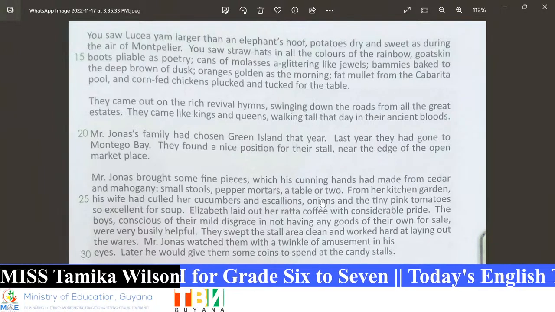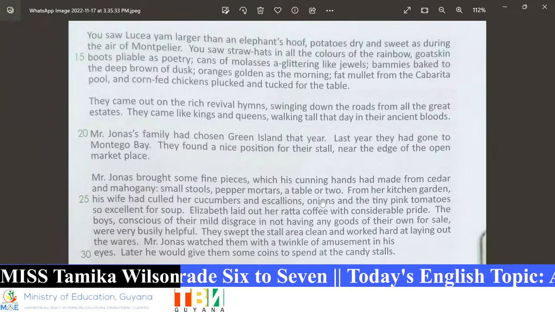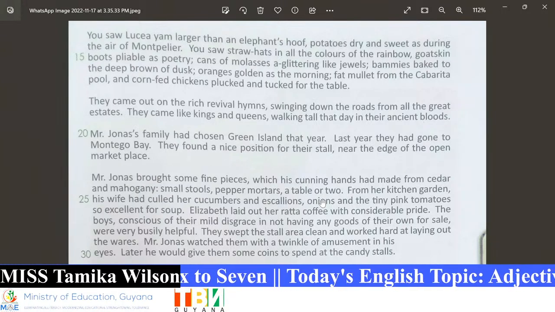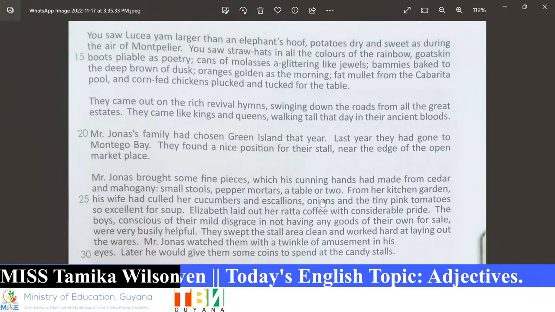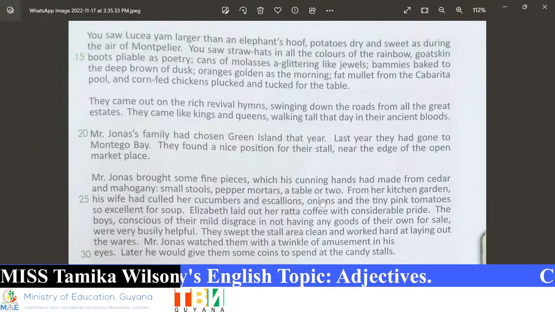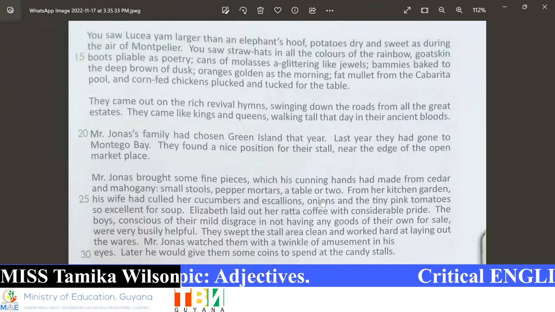What are the colors of the rainbow? Yeah, so we got red, orange, yellow, green, blue, purple, right? So because they're comparing it to the rainbow, we can picture that there's a variety of colorful hats. So again, appealing to the sense of sight.